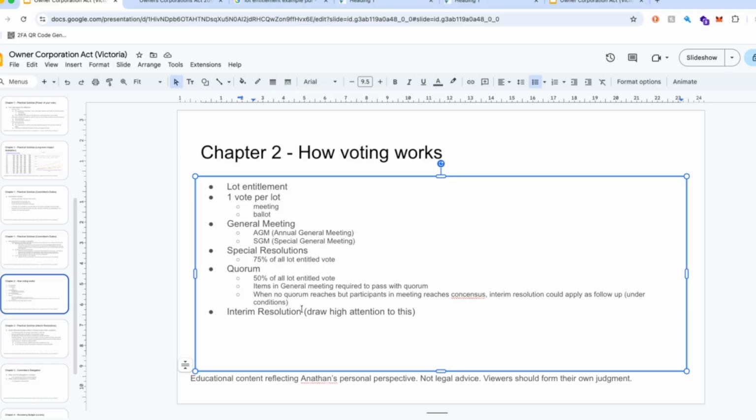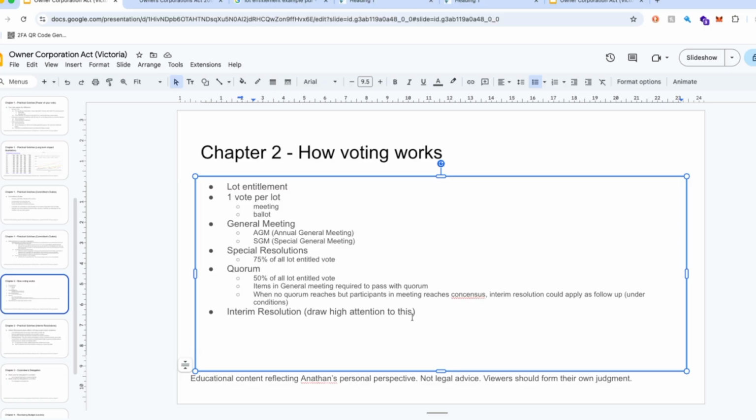I think the OC Act has really given its best to design the Act so that it protects everyone's interest, but however it also needs to handle the practical scenario that if not everyone participates, what happens? This is why it's here, right?